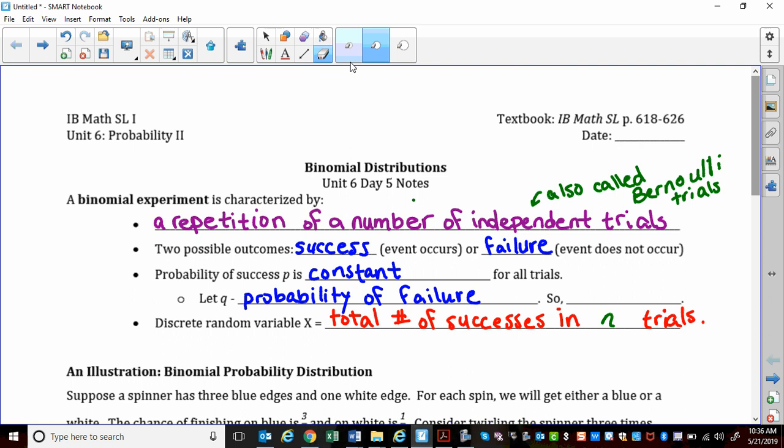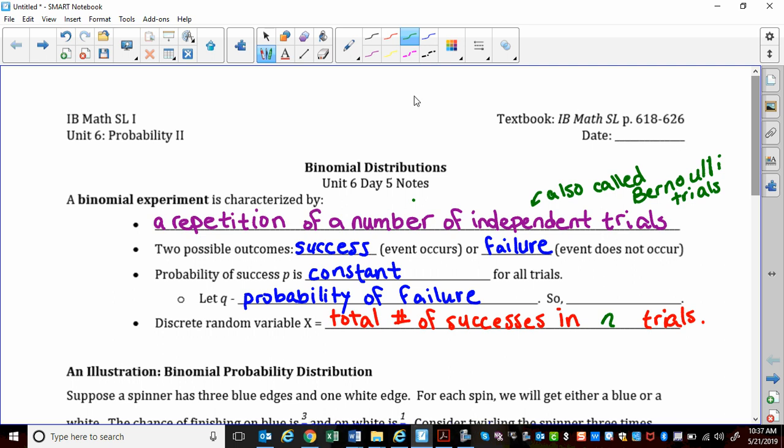So, a binomial experiment is characterized by a repetition of a number of independent trials. This is also called the Bernoulli trials. There are two outcomes: success if the event occurs, or failure when the event does not occur.